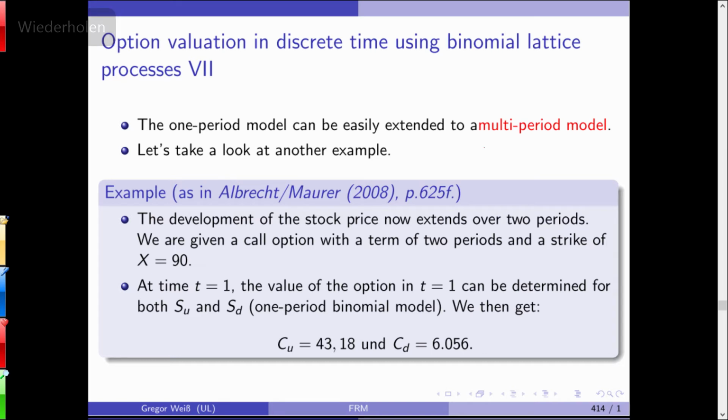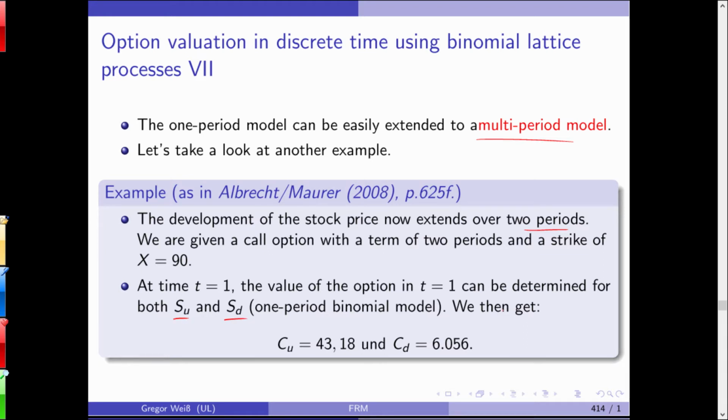Okay. We can quite easily extend this to a multi-period model. Let's take a look at another example. Now, the time evolution of the price extends over 2 periods. We are given a call option with a term of 2 periods and a strike of 90. At time t equal to 1, the value of the option at t1 can be determined for both SU and SD.